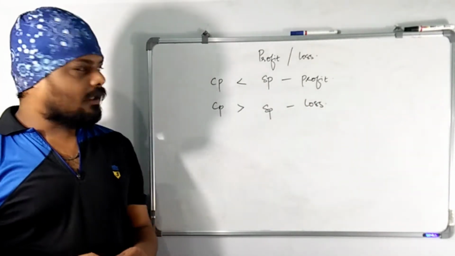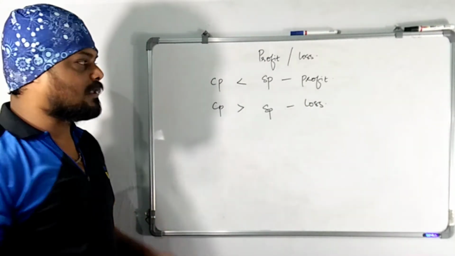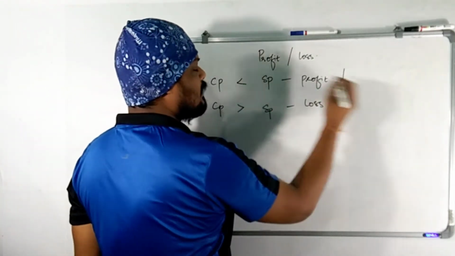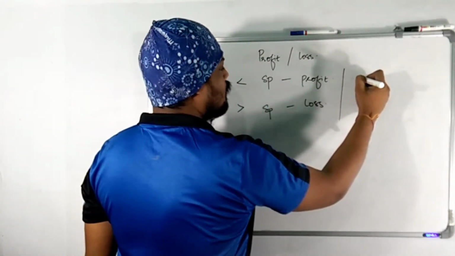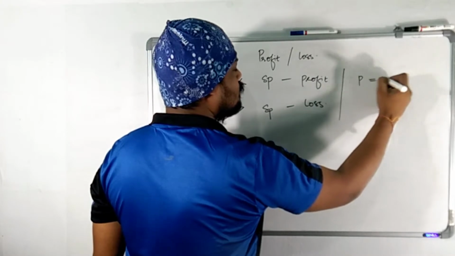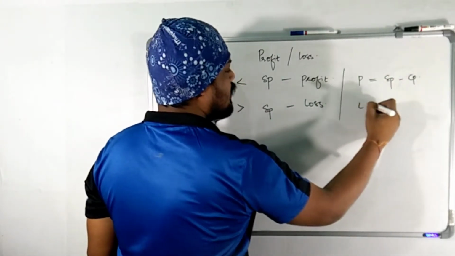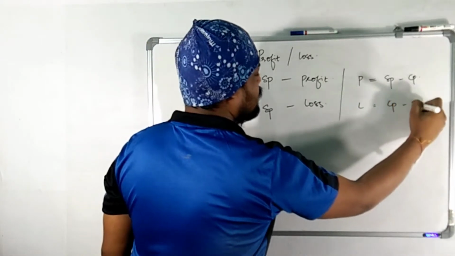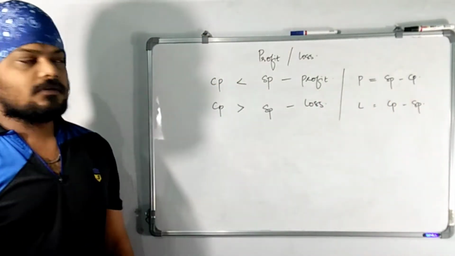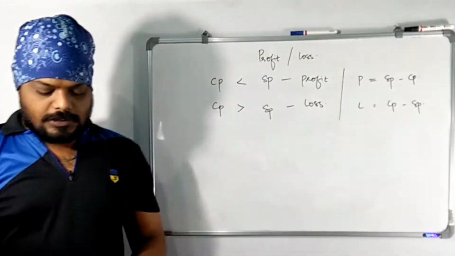And we have a formula. What is that formula? Profit equals selling price minus cost price, and loss equals cost price minus selling price, right? We have learned these things in school.